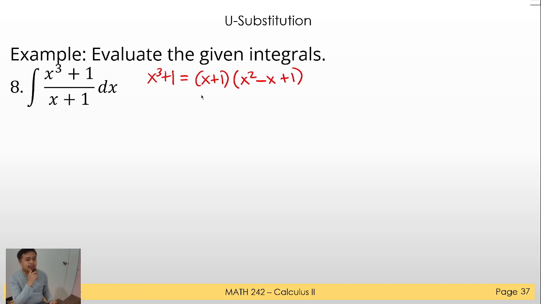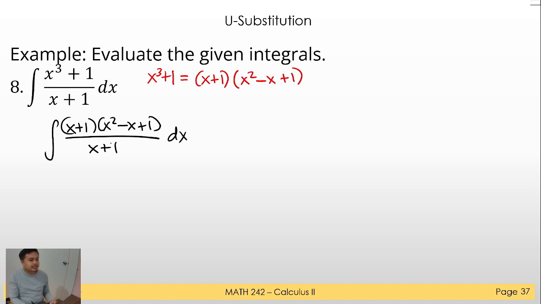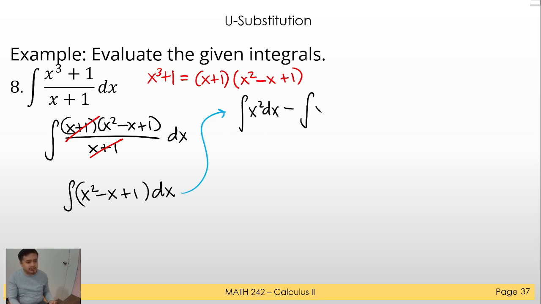So what's the next step here? We have to find the integral of this, which is x plus 1 times x squared minus x plus 1 over x plus 1 dx. So cancelling this x plus 1, this will become the integral of x squared minus x plus 1 dx. And then integrating this separately, this is equal to the integral of x squared dx minus the integral of x dx plus the integral of dx.